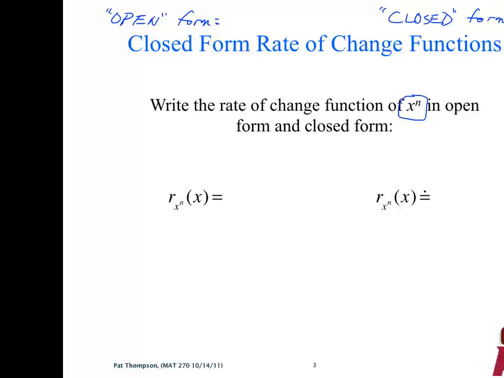Oh yeah, what do you think it is? I said it was for x to the n, the n is any positive number. So what's x to the n? Is that what you're saying? x to the n is any positive number. Okay, so what we want is the rate of x to the n.